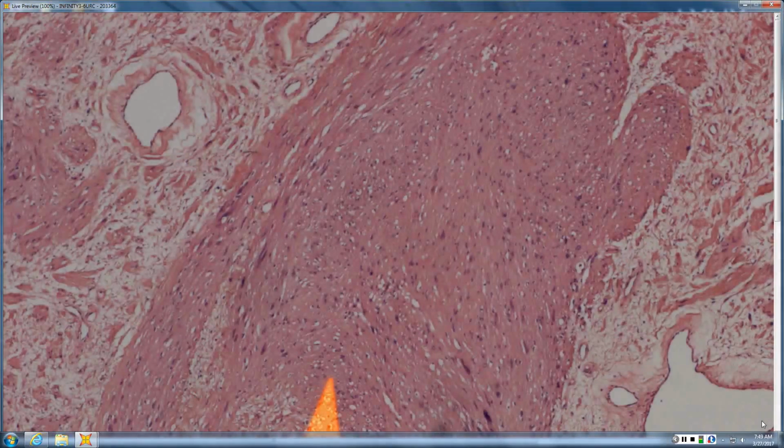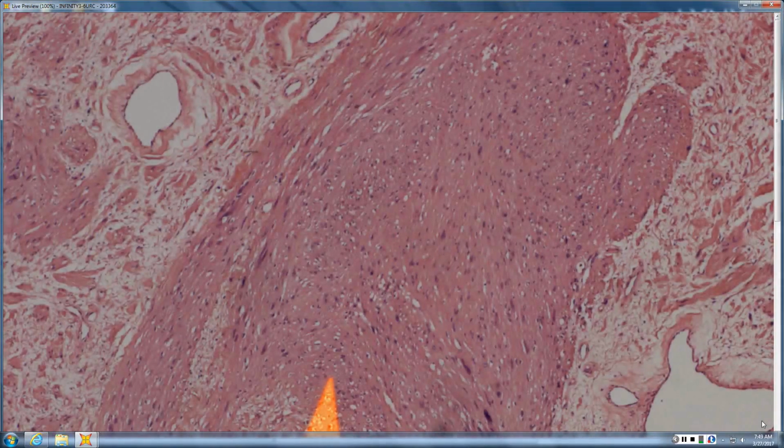The old name neurofibrosarcoma was probably the best name for it because it describes exactly what setting it arises in. Because it is purely the Schwann cell tumor that becomes malignant.